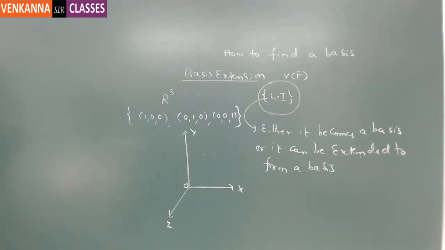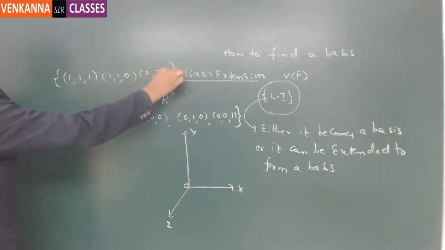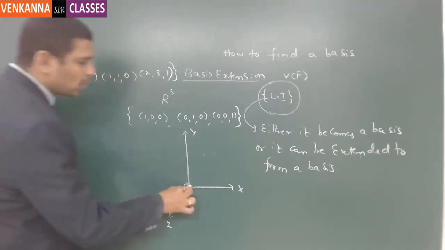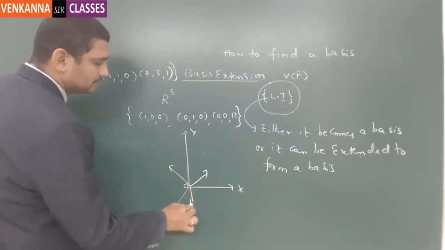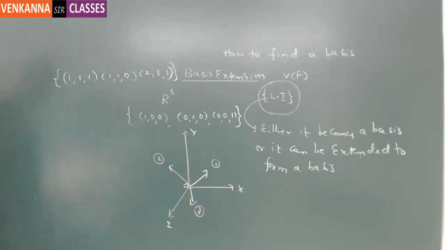Not only for R cube, but for R square, R power 4, and so on, the combination of ones and zeros will give the standard basis, because it is linearly independent and it spans. And if you take any other basis, for example, say 1 1 1, 1 1 0, say 2 3 1, then if we say that this is a basis, it defines a new coordinate system: first vector, second vector, third vector.